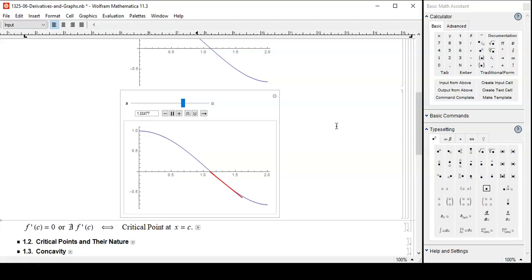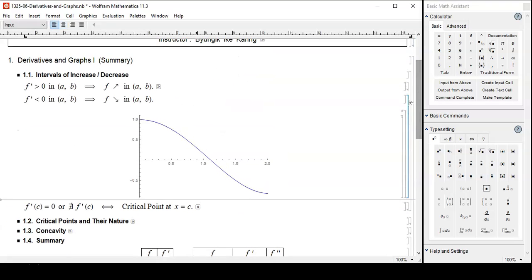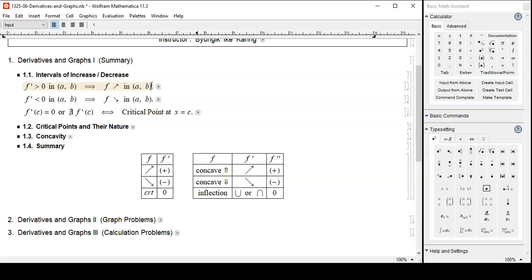That's because the original graph is pointed downward. It's decreasing. So basically that's it. Increasing, then positive derivative. That's because positive slope. Decreasing, that means negative derivative. That's because negative slope. And it's summarized here in the first table.